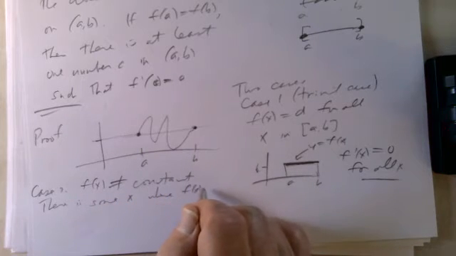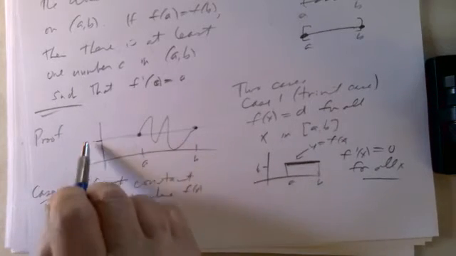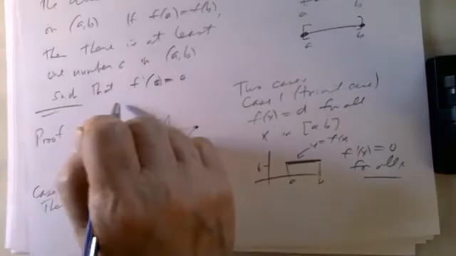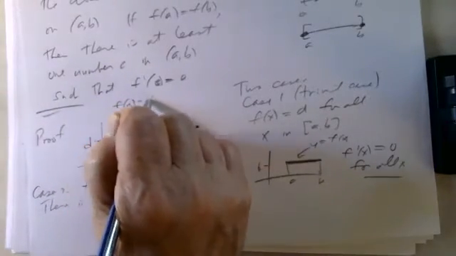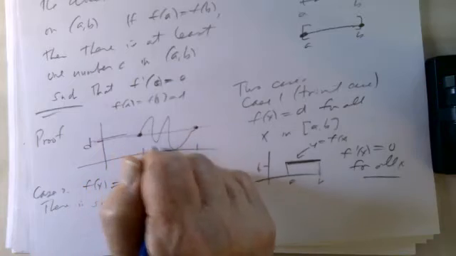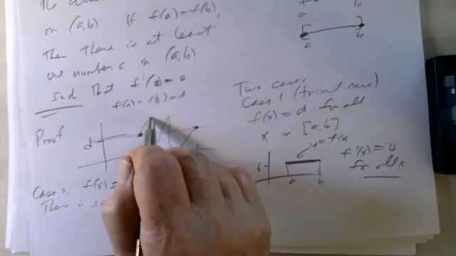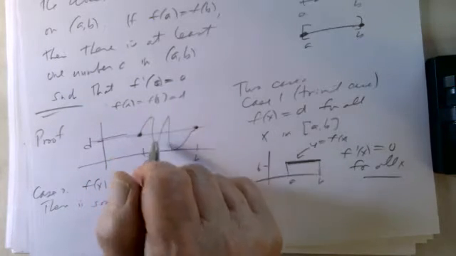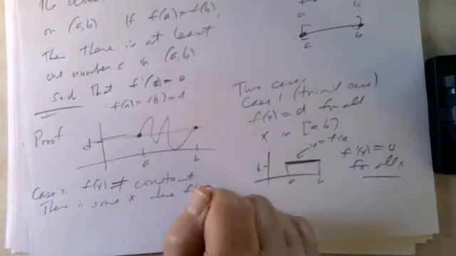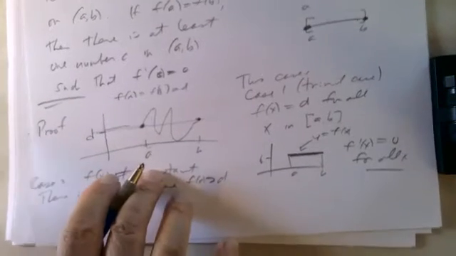Let's say there are two cases. It's either bigger than this number, let's call it d. So f of a and f of b have the same value, d. And there's some point in between a and b where the function's not d. It's either bigger than d or less than d. So suppose f of x is greater than d.